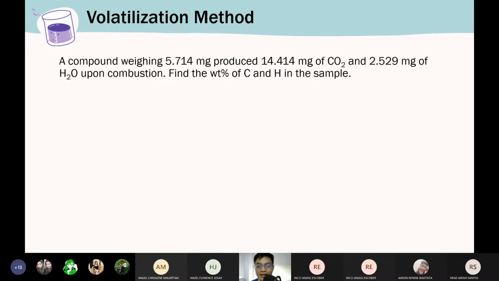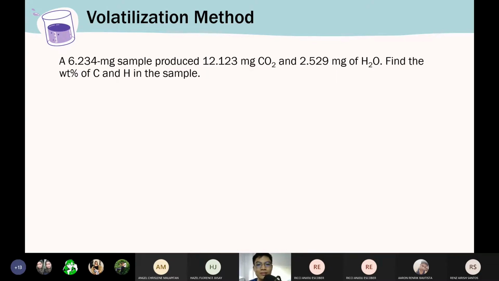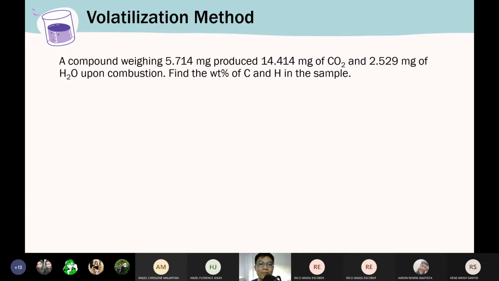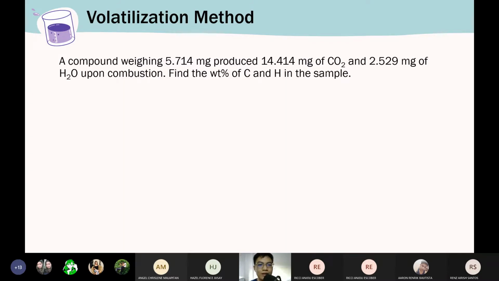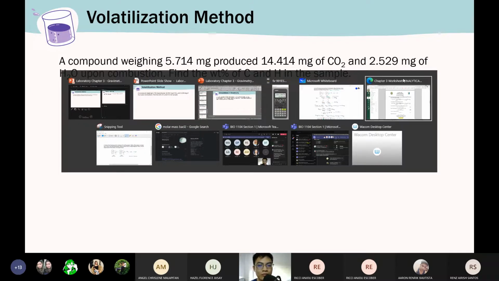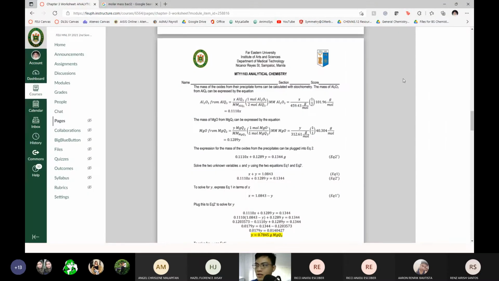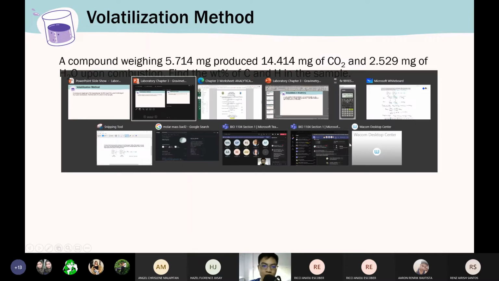We're at the last part of our calculations. So, what are we going to do? I have several problems here and in the worksheet about the empirical formula. Basically, it's under the volatilization method.